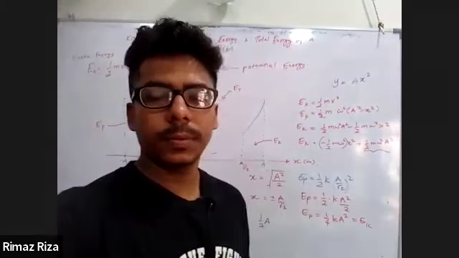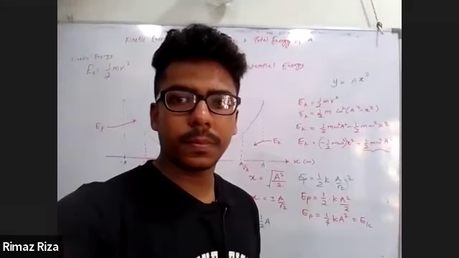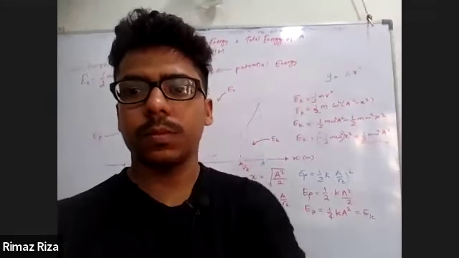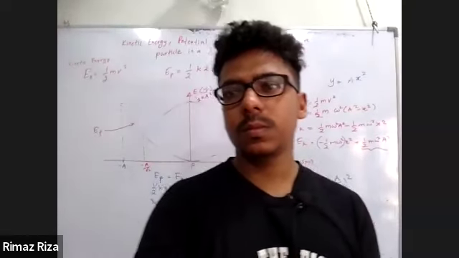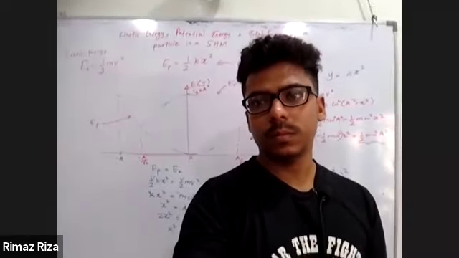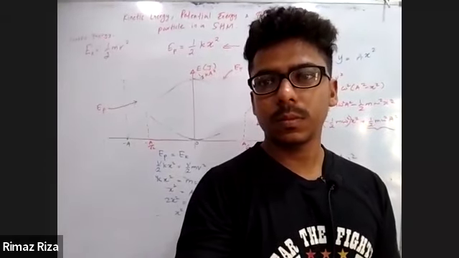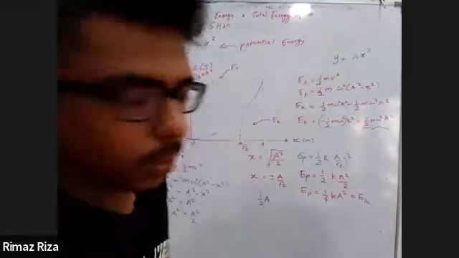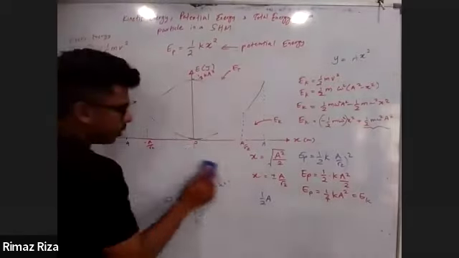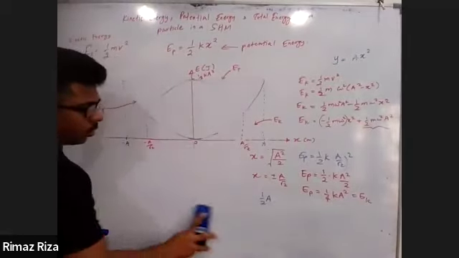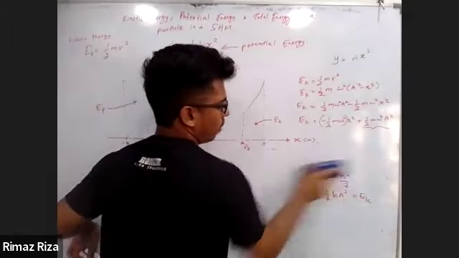Okay, let me check. Okay, so we want to find the kinetic energy and potential energy at x equals a over 2. It's just a substitution. Okay.